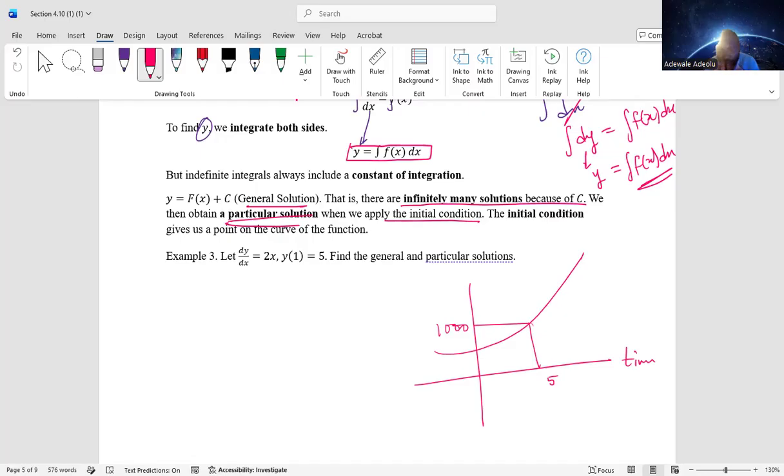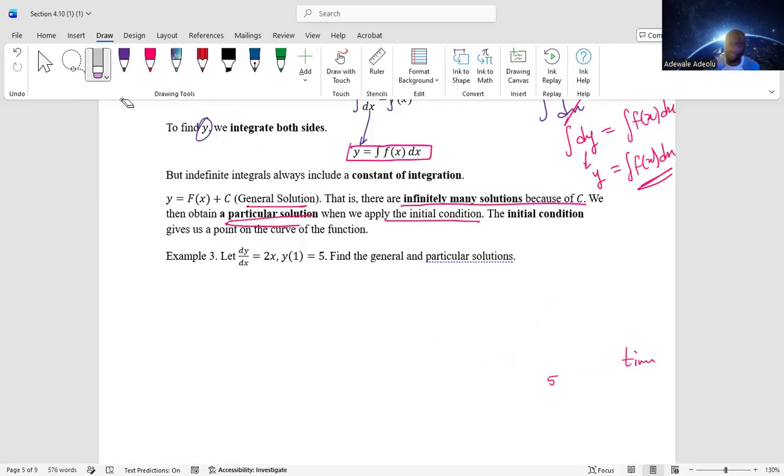So it is always a point on that curve. I hope that makes sense. The initial condition we are given is always a point on that curve that can help us with the solution of that function.